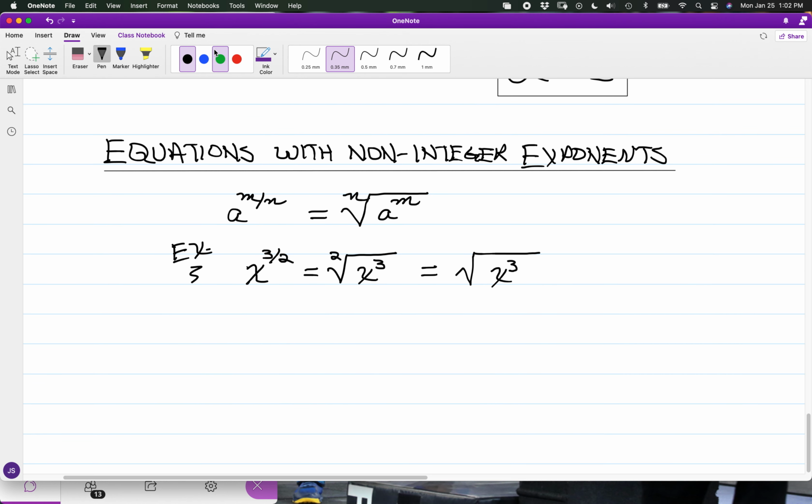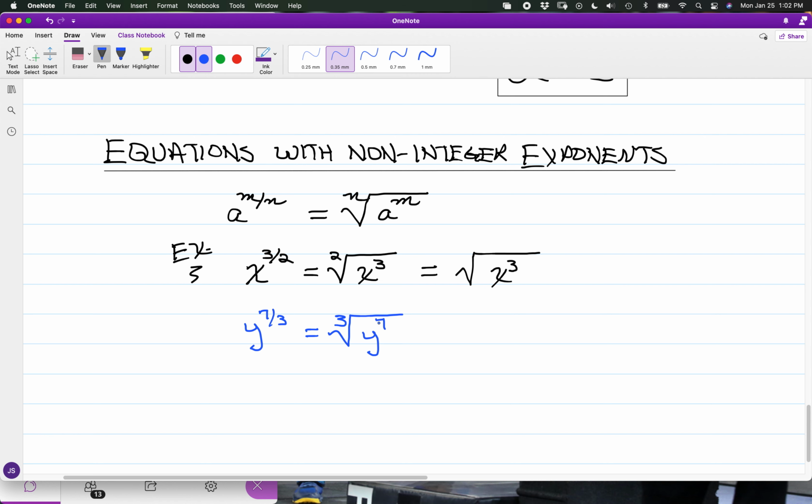And if I have something like y to the 7/3, here we have 3 as n, and this signals that the type of radical we are dealing with is going to be a cubic root. And for a to the m, that is going to be y to the 7th.